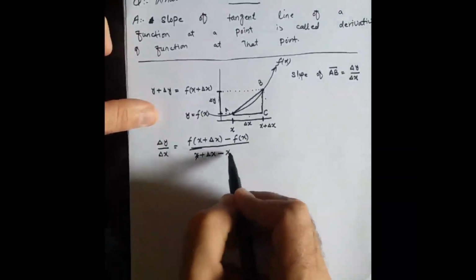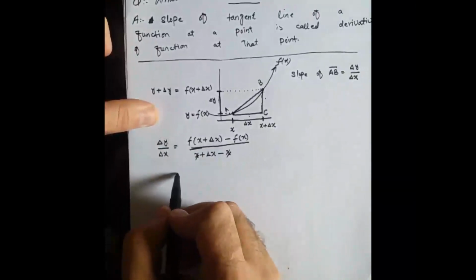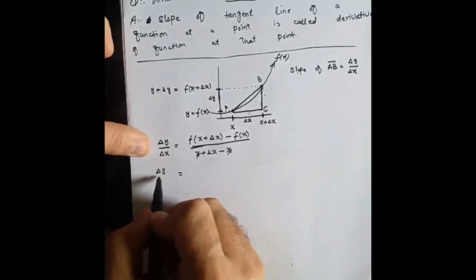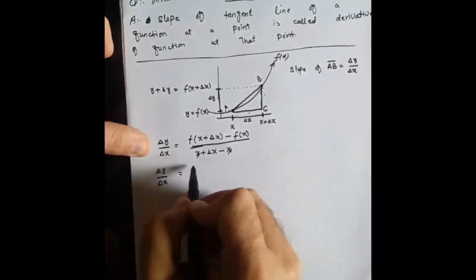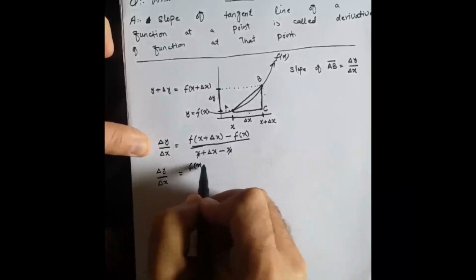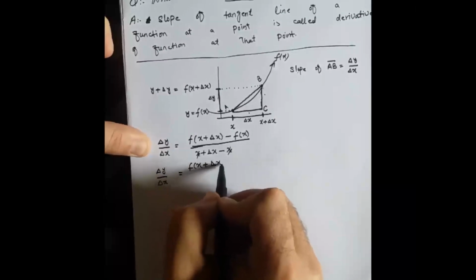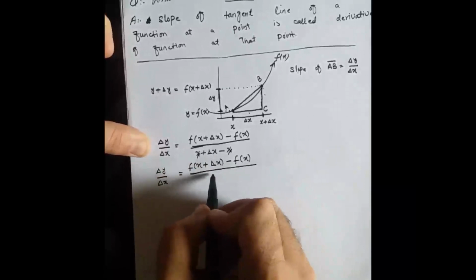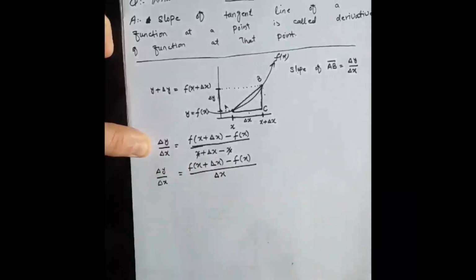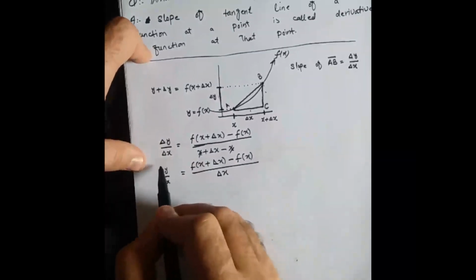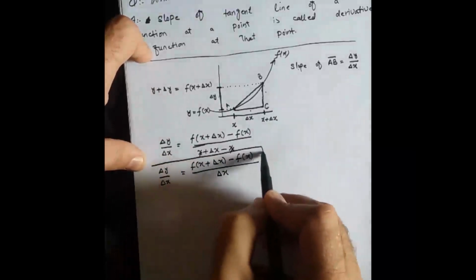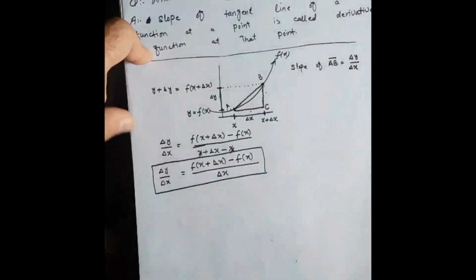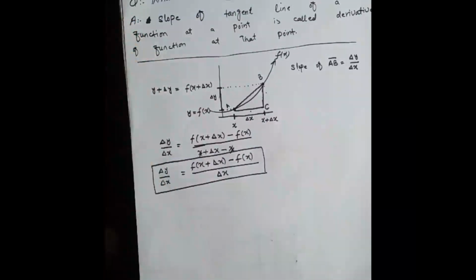So they cancel, and delta y by delta x is f of x plus delta x minus f of x over delta x, and this is the formula of the slope of secant line AB.